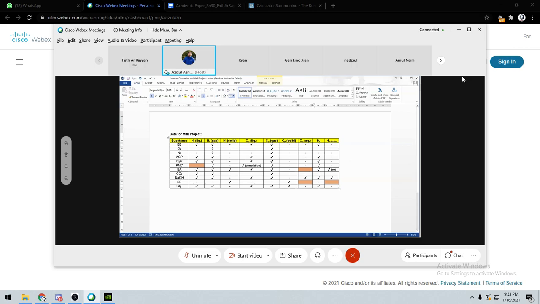Especially for those which I managed to find. Regarding the question just now by, I think, Ryan, right? You asked me about the SB. In terms of SB, I can only find the value for the heat of formation solid and also the CP solid. Actually for SB, the melting point is 400 degrees Celsius, around that value.